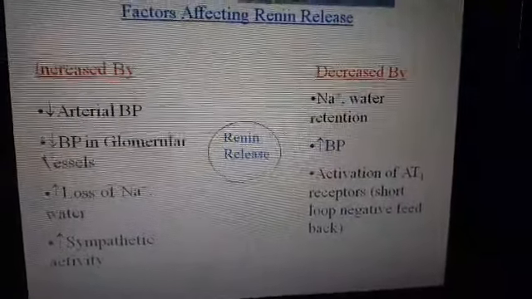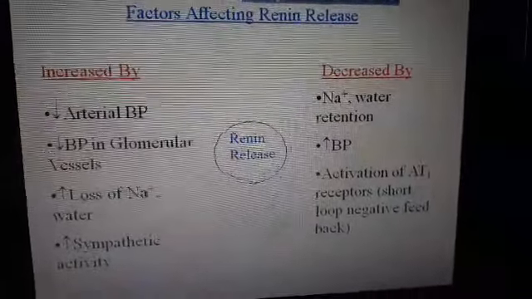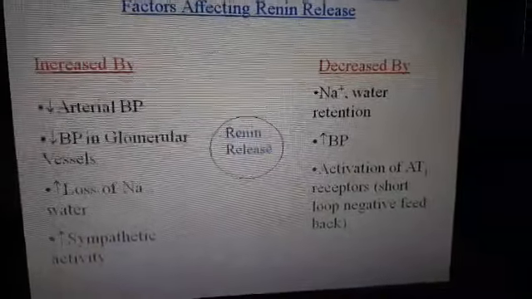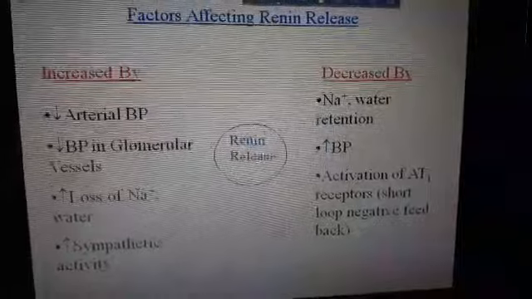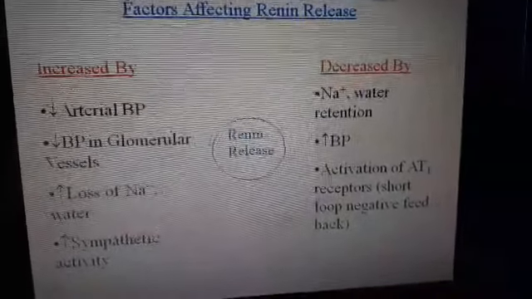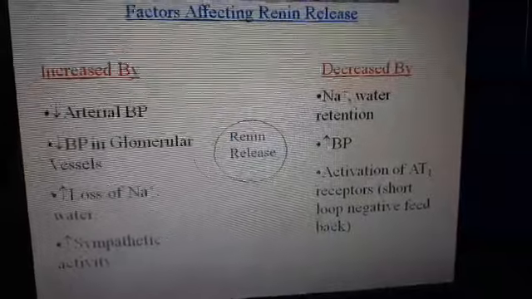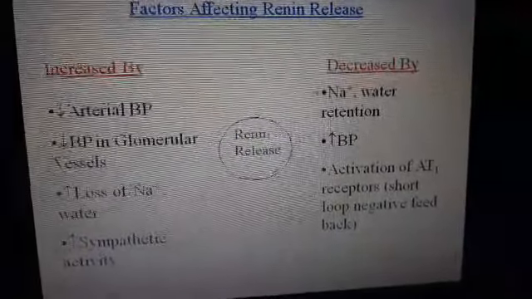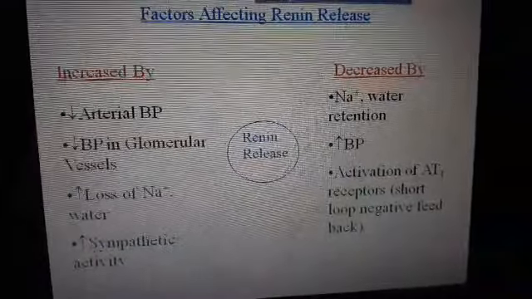Whereas renin release is decreased when there is salt and water retention, when there is increased BP, and when there is activation of the AT1 receptor. This is actually a short loop negative feedback. When renin converts angiotensinogen to angiotensin 1, and angiotensin 1 is converted to angiotensin 2, angiotensin 2 mainly acts on the AT1 receptor.